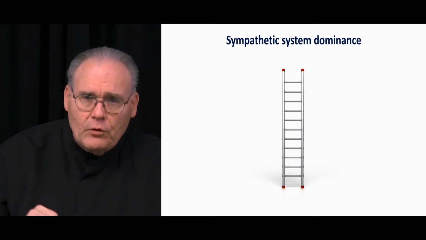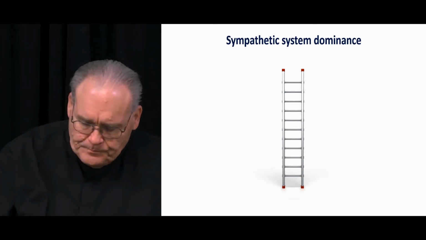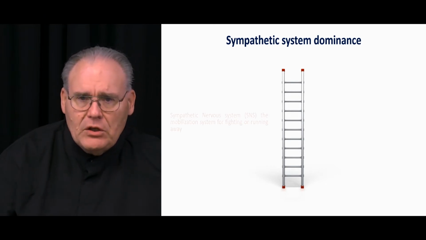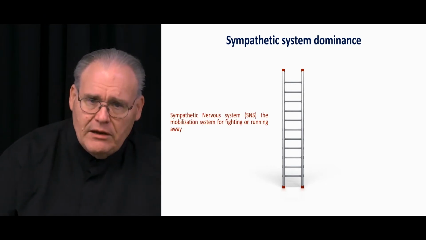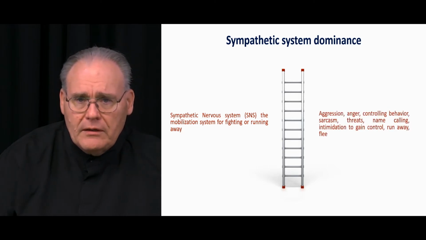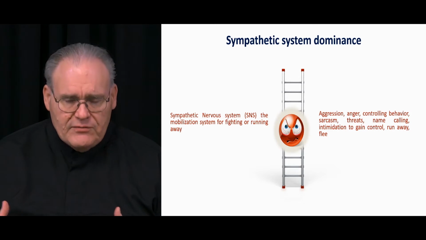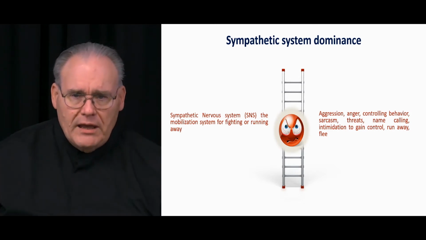Remember our metaphor of the ladder. If you have somebody that's in a sympathetic system dominance, what you should see is they're in the middle of the ladder somewhere. Their sympathetic nervous system is running the show. It's for fighting or running away.